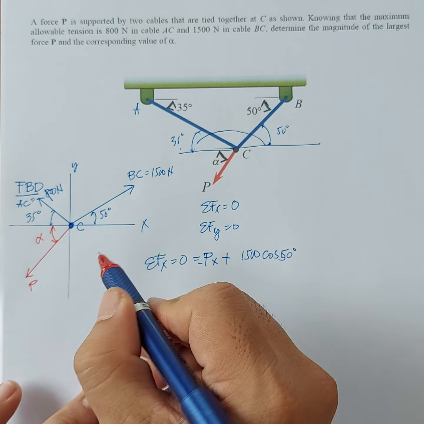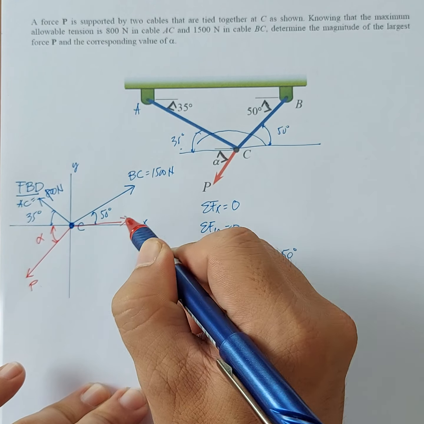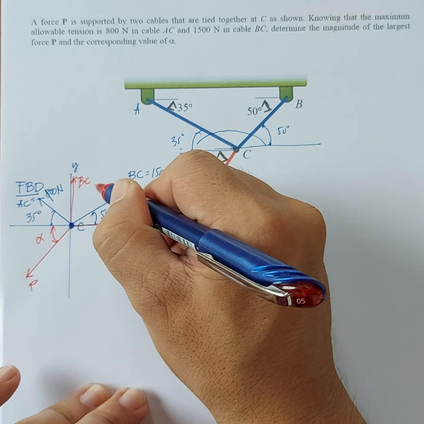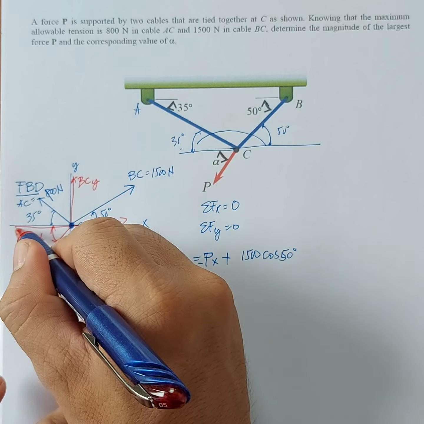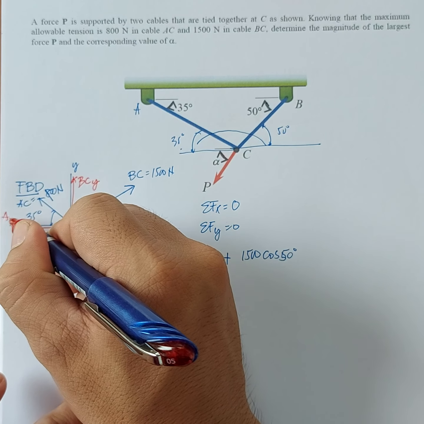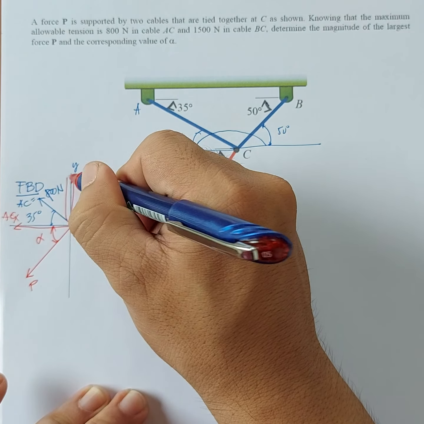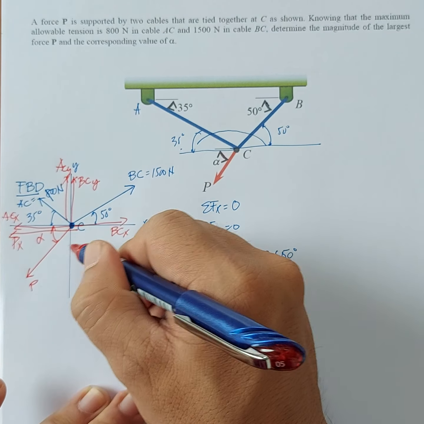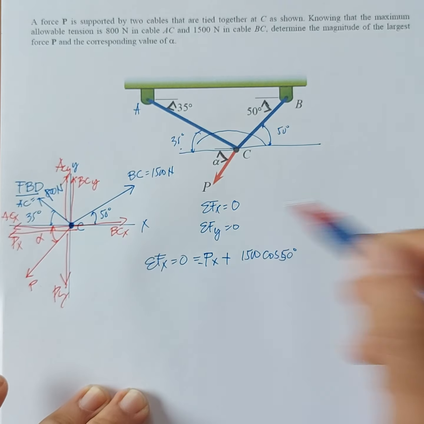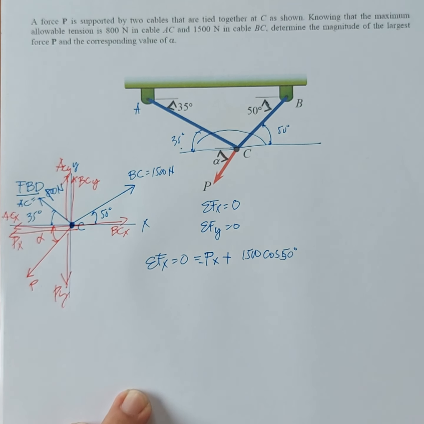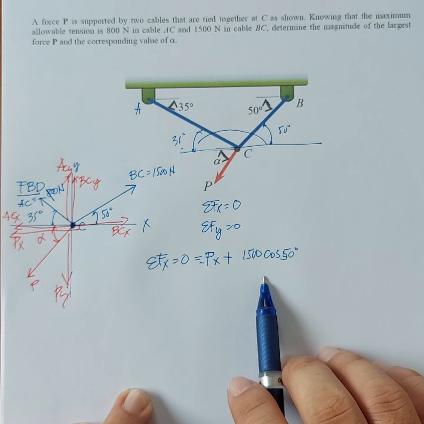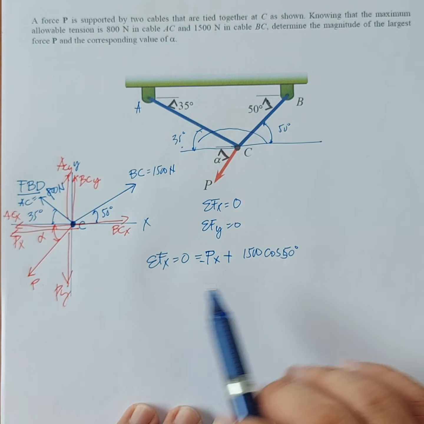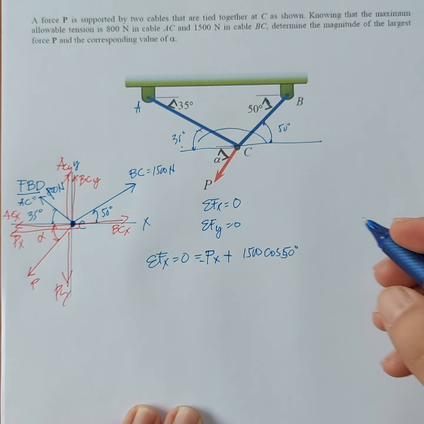So take note, ito yung component ng BC. So this is BCX. This is BCY. This is ACX, ACY. This is PX, and this is PY. Alright? So, ayan. Let's continue. So, this is the BCX. Now, ACX naman tayo. So, obviously, to the left siya.